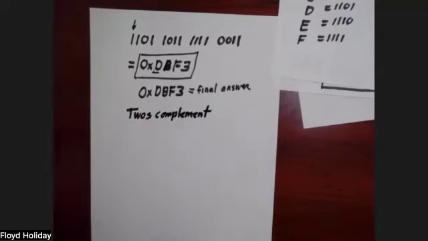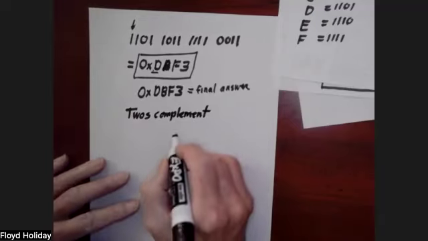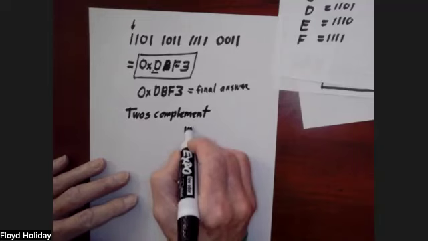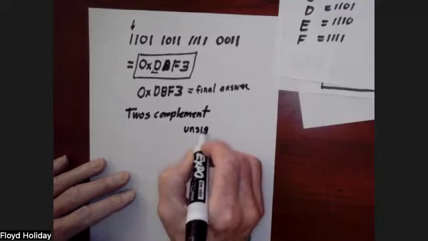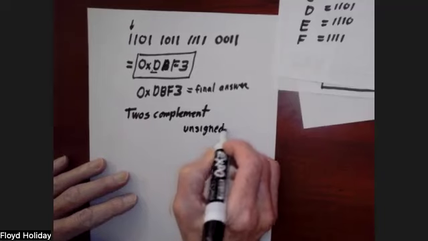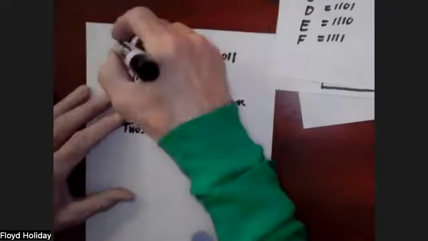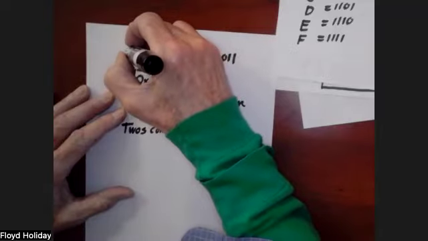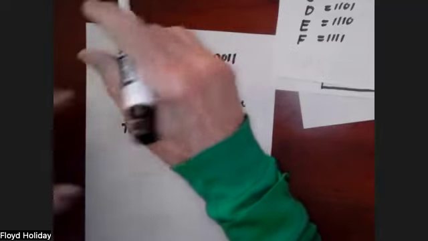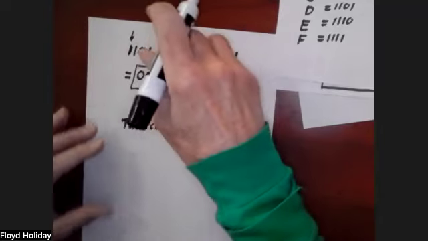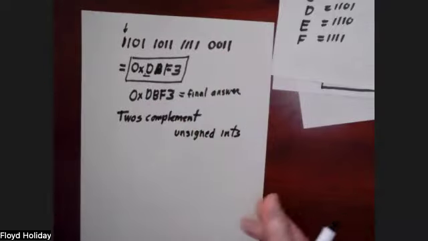If the leftmost digit is not the sign, it's just part of the ordinary number, then it's called unsigned integers. Got it? If that doesn't count as a plus or minus sign, it's just part of one big number, then the whole system is called unsigned ints.